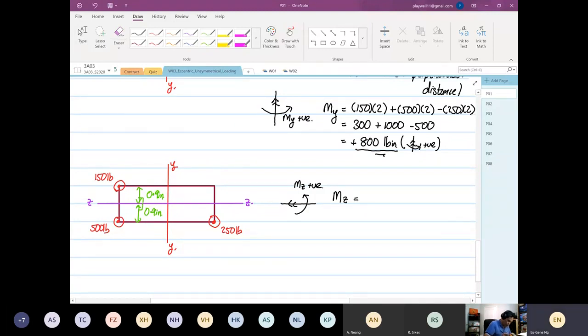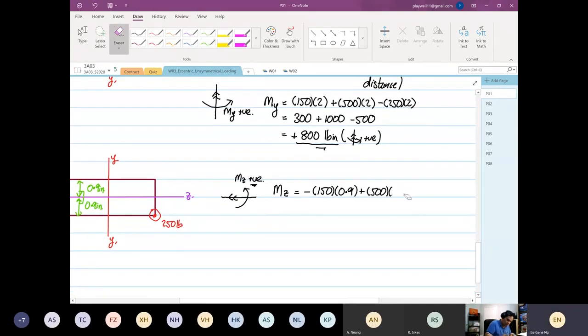will be equal to the 150, which is going to cause a clockwise rotation, the opposite rotation from what is positive. So minus 150 multiplied by 0.9, and then plus 500 multiplied by 0.9, and then plus 250 multiplied by 0.9.